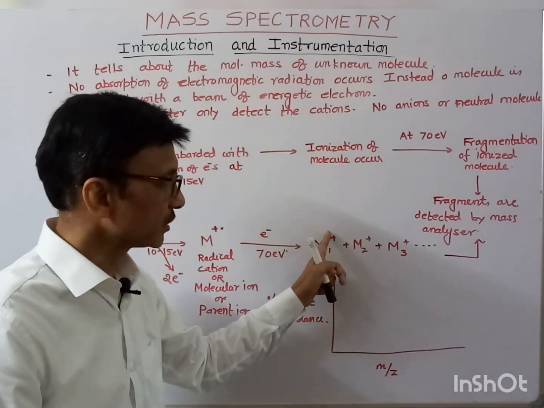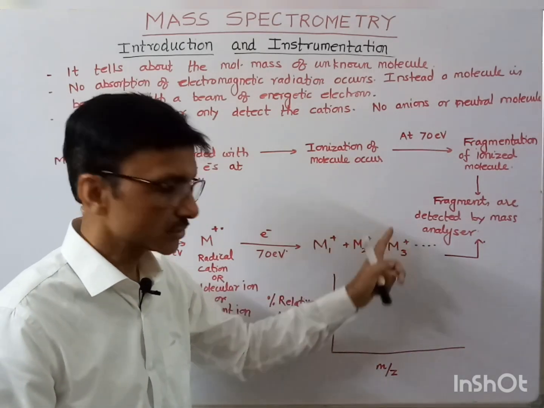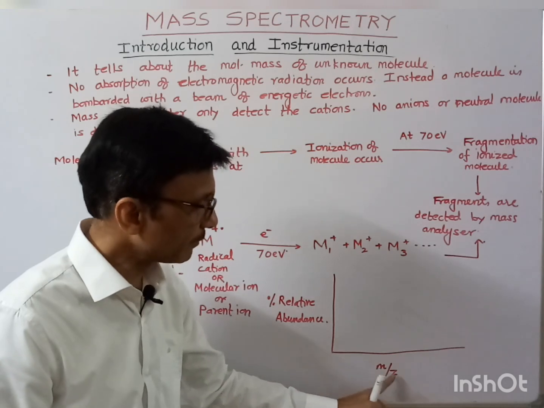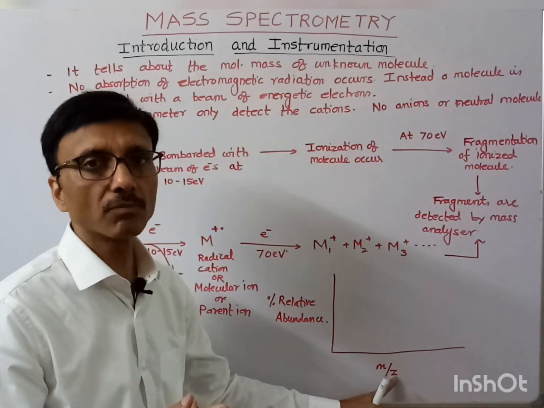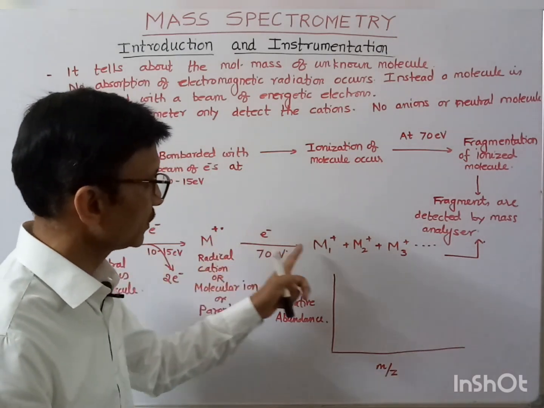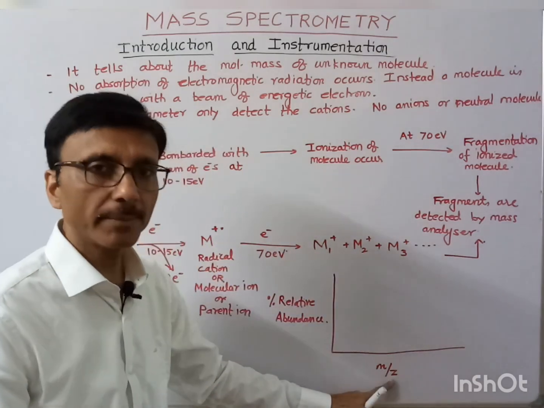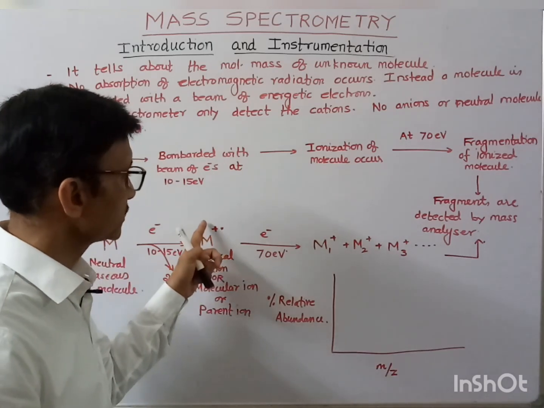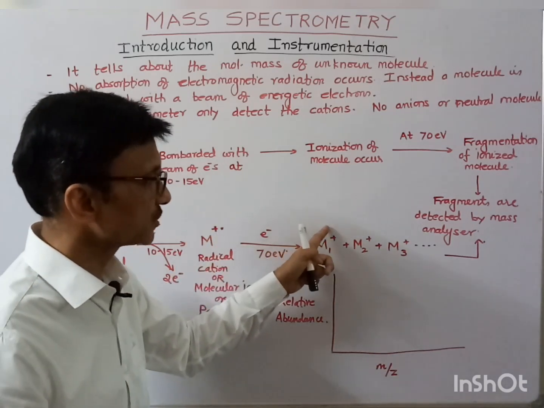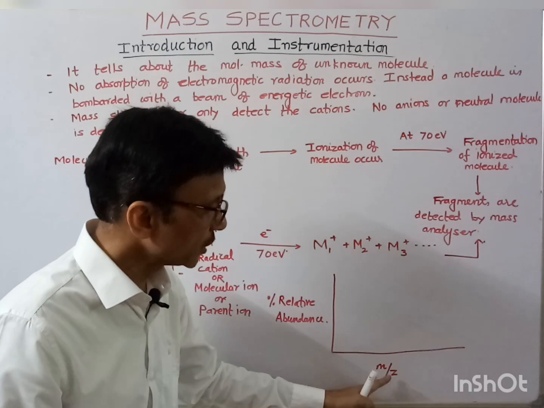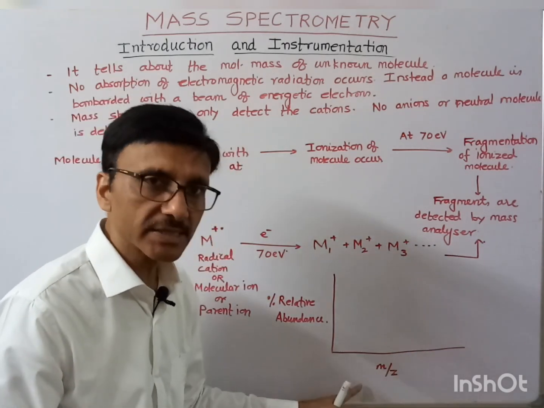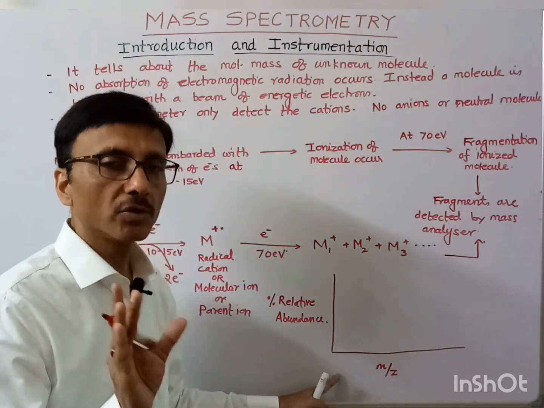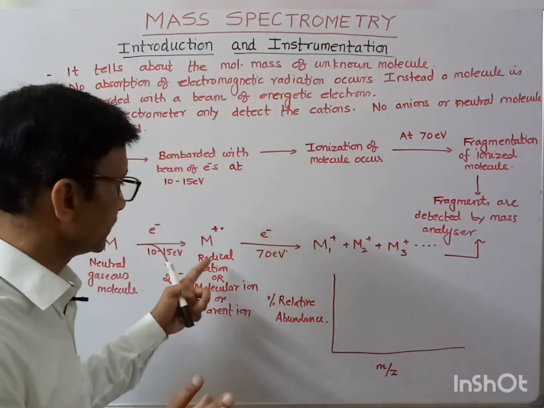So m by z is always equal to the molecular mass, because z remains 1. In all cases it is 1 plus charge, so z always remains 1. It means on the x-axis we are getting the molecular mass.